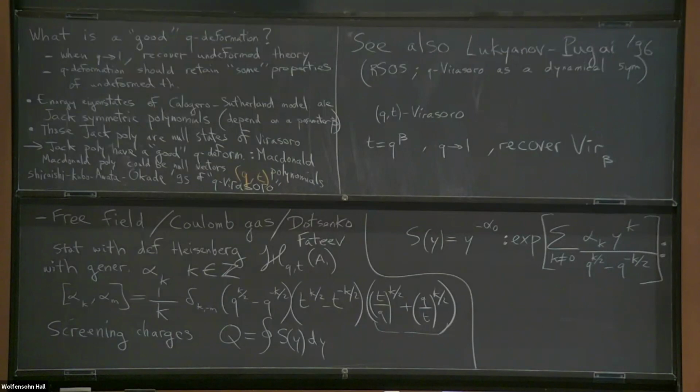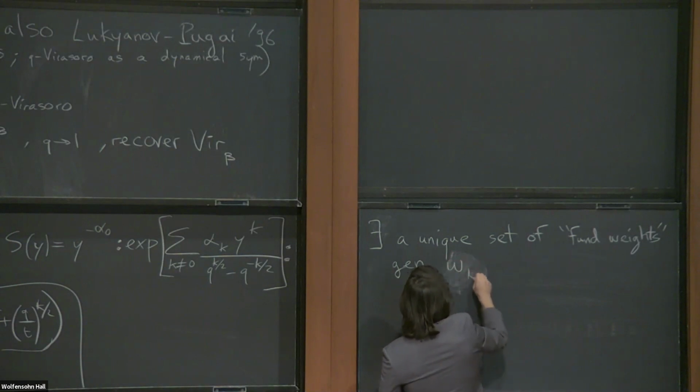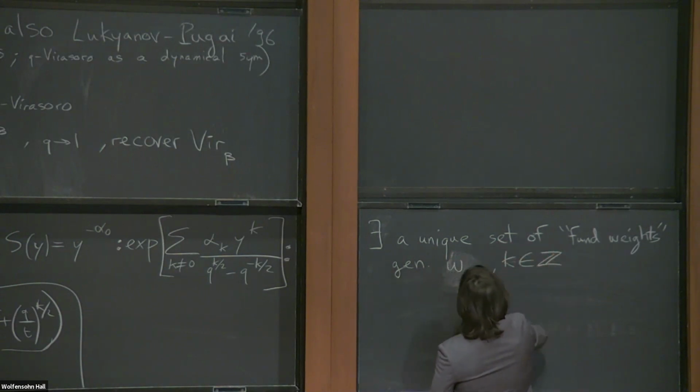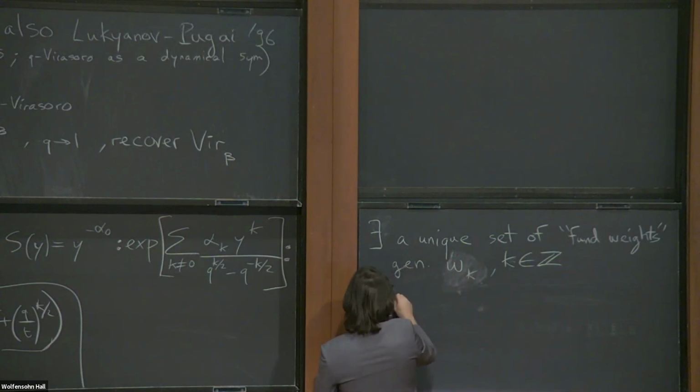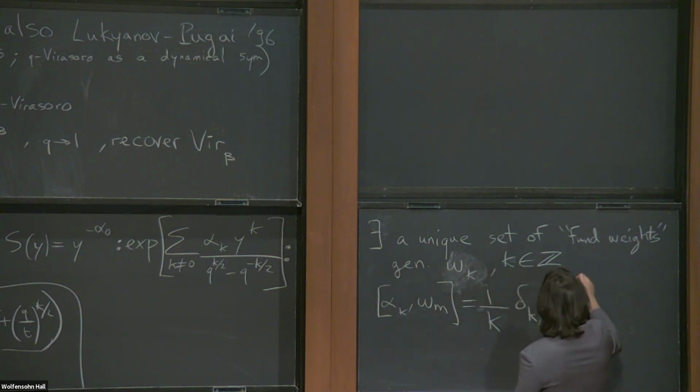I'll call them w_k. They're dual because the commutator basically gives you the identity with the roots, delta_{k-m}, and the same thing.